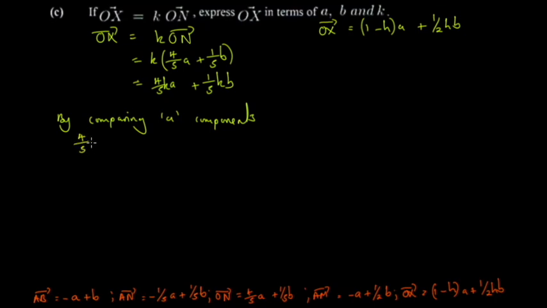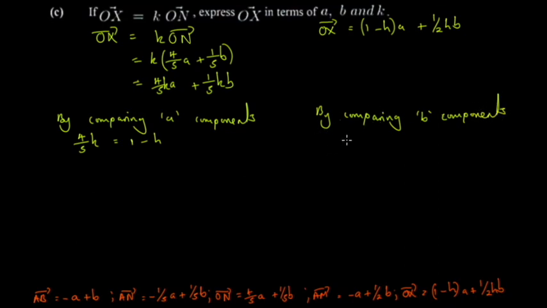4 over 5 K here, that's equal to 1 minus H like this. Okay, so by comparing B components, or B vectors, still fine.